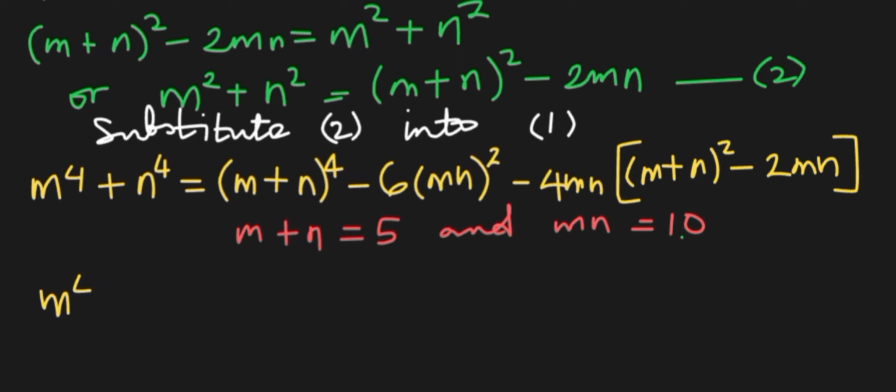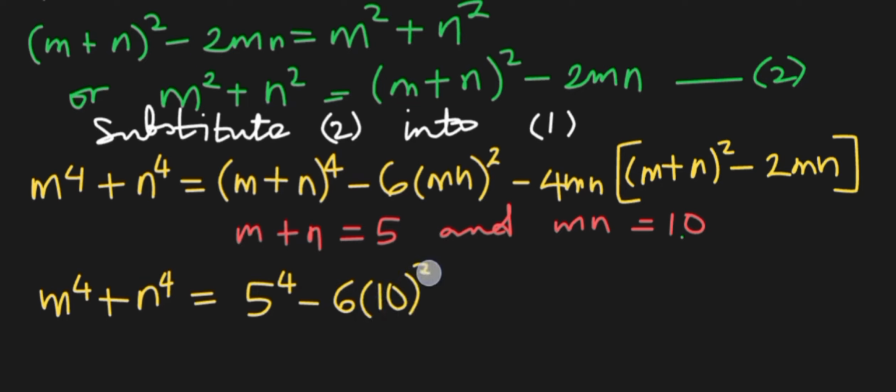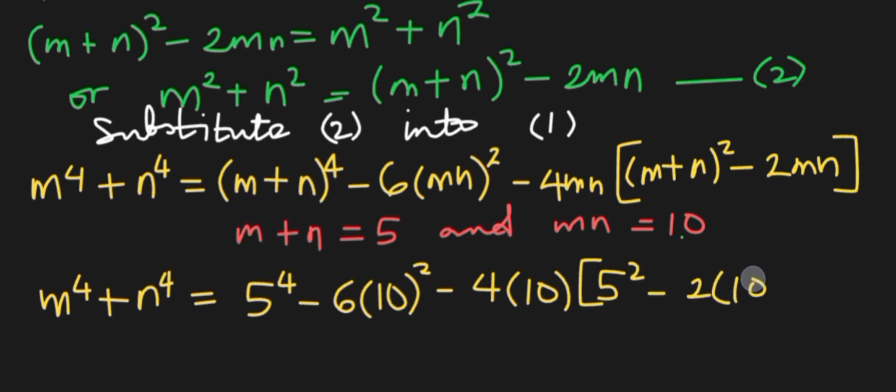Thus, m to the power of 4 plus n to the power of 4 will be 5 raised to power 4 minus 6 times 10 squared minus 4 times 10 times 5 squared minus 2 times 10.